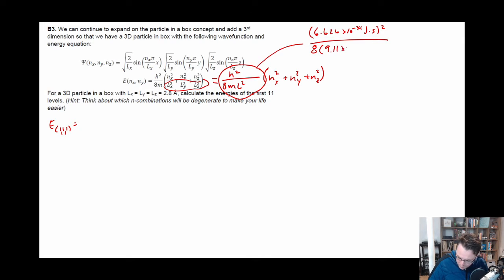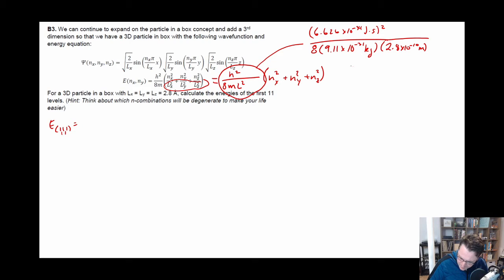So 9.11 times 10 to the negative 31 kilograms times the length squared. The length is the same for all of them. It's 2.8 angstroms, so that's 2.8 times 10 to the negative 10 meters, squared.